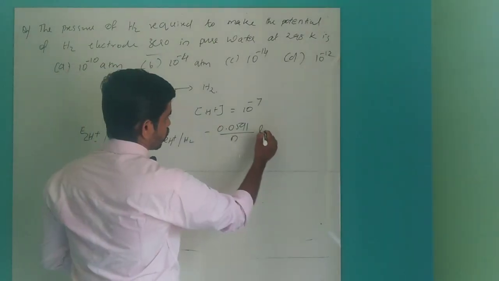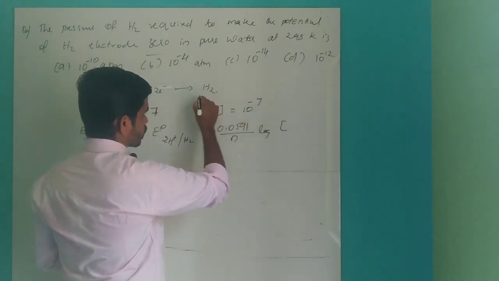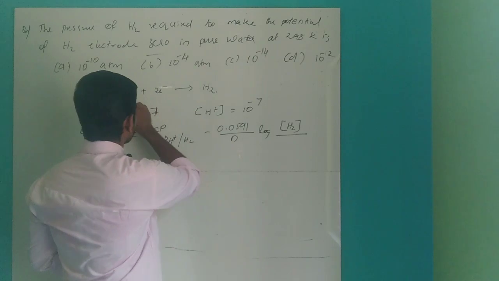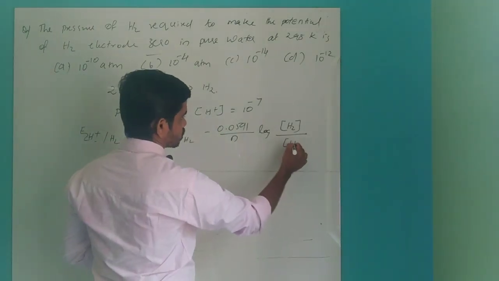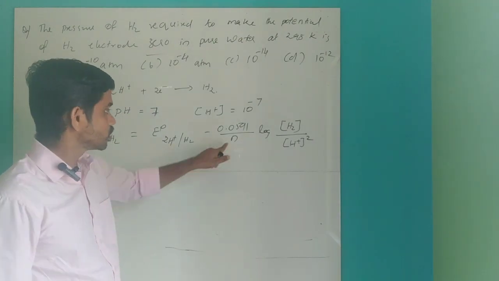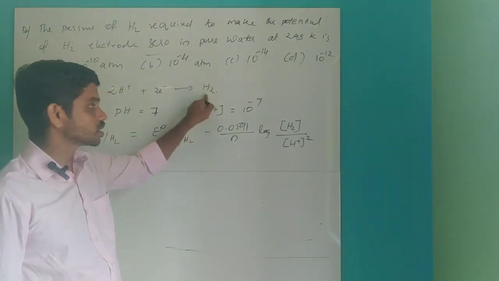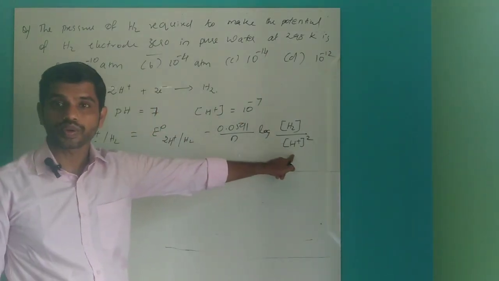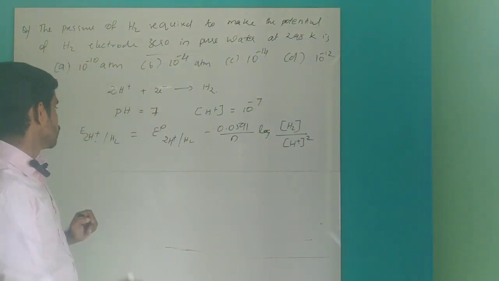N log of the concentration of the product, here H2, divided by H plus the whole square. Okay, right? So this is the H2 and here H plus square, because the coefficient is 2.